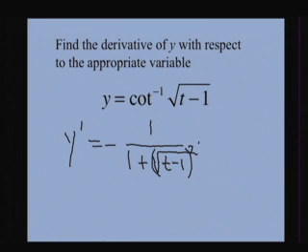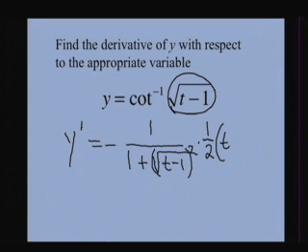But again, we have to use the chain rule because we have this function. And that means we have times 1/2 t minus 1 raised to the negative 1/2. And then inside that we have t, but the derivative of t is just equal to 1. So that's what we have.